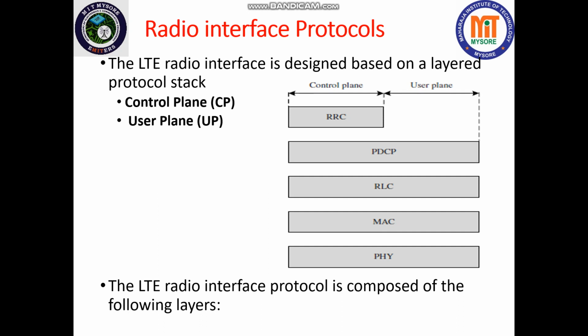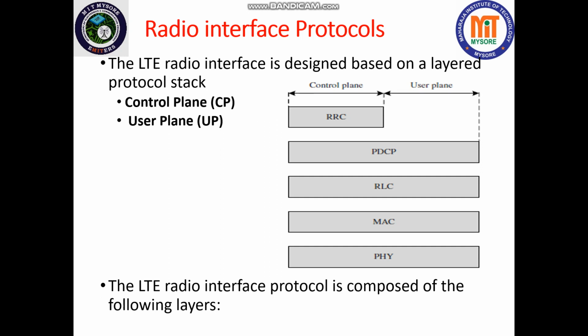The next topic is radio interface protocols. The LTE radio interface protocol is designed based on a layered protocol stack, which involves control plane protocols and user plane protocols. Here, we need to understand what radio interface protocols are.